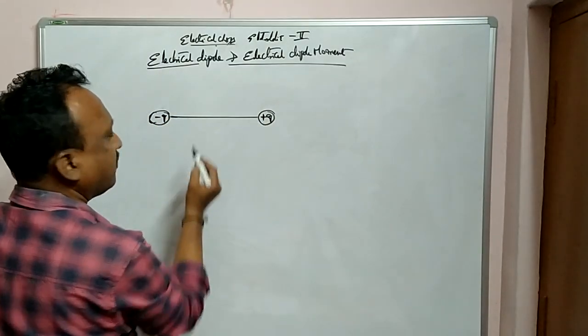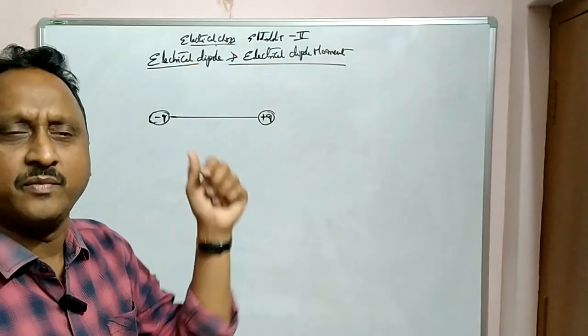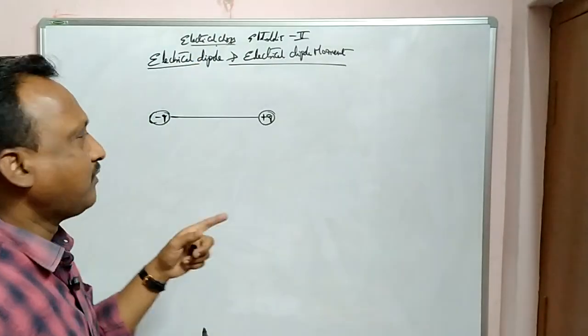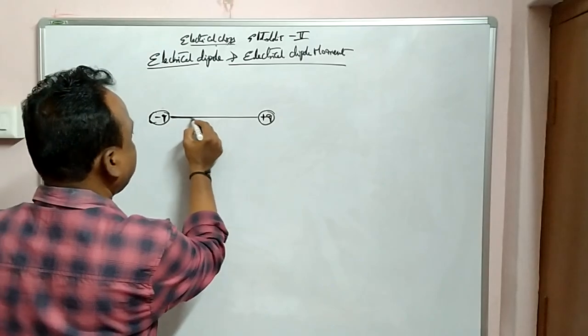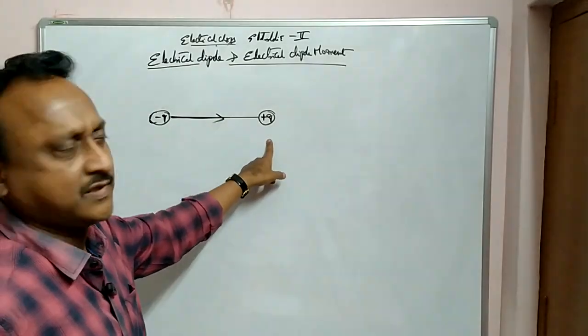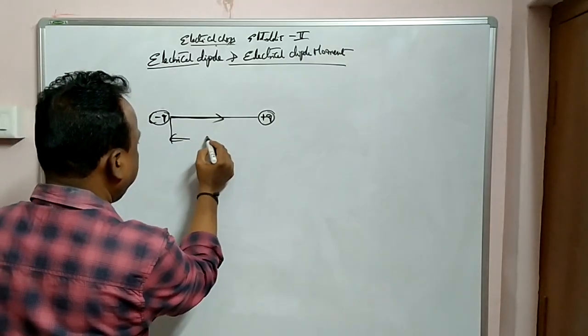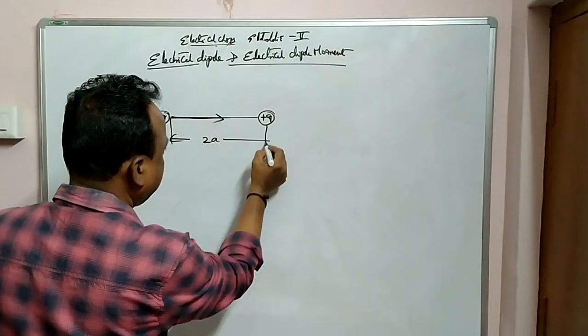And as I told you, from a positive charge the field goes away and to a negative charge it comes towards. But in an electric dipole, always the moment will be from negative to positive.